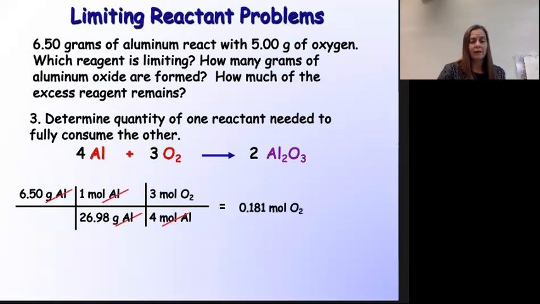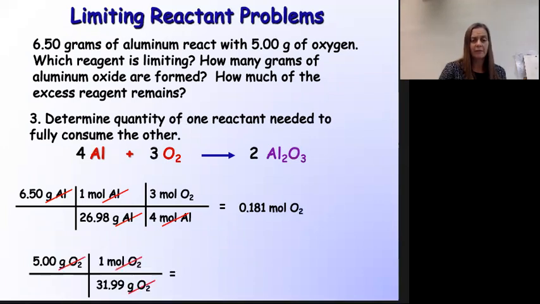When I do that, I get that I need 0.181 moles of oxygen. And we can see that we only have 0.156 moles of oxygen. Since I don't have enough oxygen to use up all of my aluminum, oxygen is my limiting reactant. So that's choice 1, determine the quantity of one reactant needed to fully consume the other one. In order to fully use up all of my aluminum, I would need 0.181 moles of oxygen, and I only have 0.156, so oxygen's limiting.